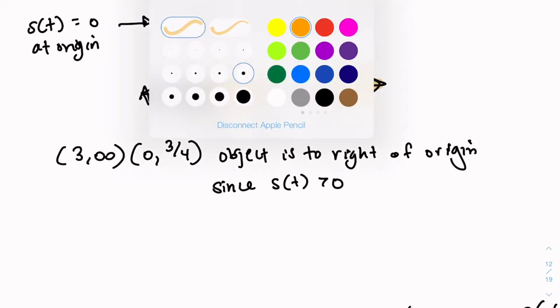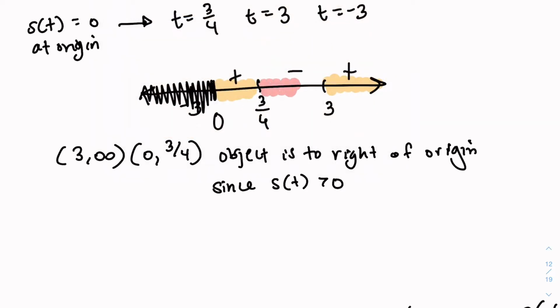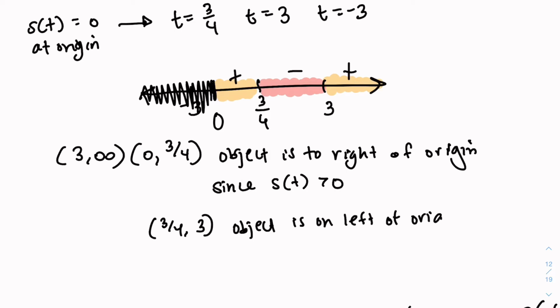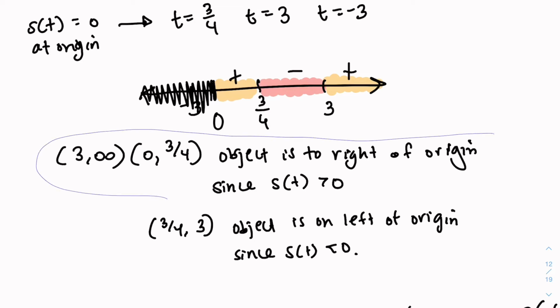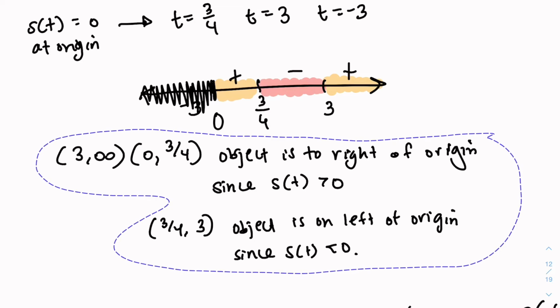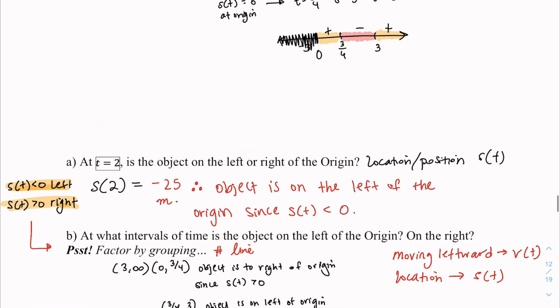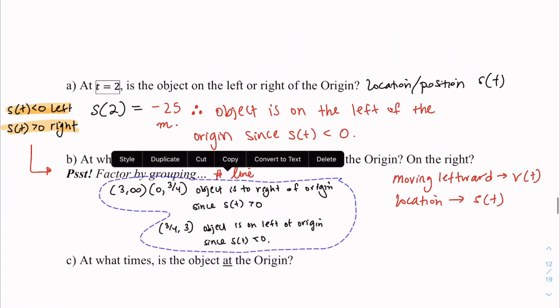Then we can say that from time 3/4 until time 3, the object is on the left of the origin, since the position is negative. Okay, so let's just copy and paste these into our answer and leave our workspace. Perfect.